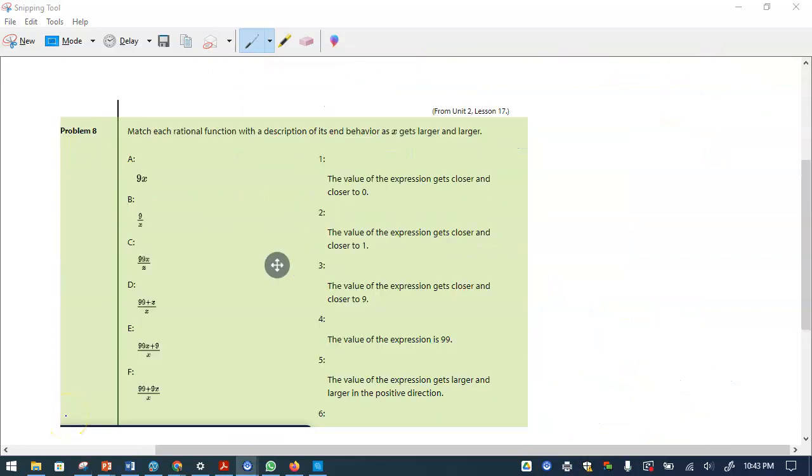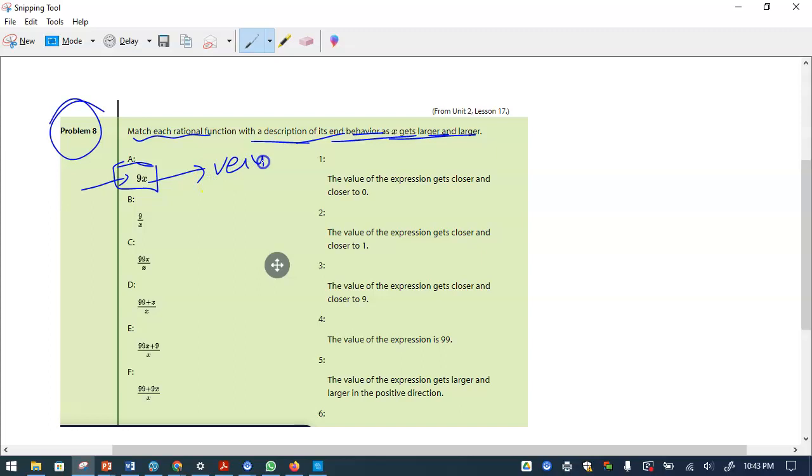And the last question, problem number 8, is you have to match with the description of its end behavior as x becomes larger. Now look at this. As x becomes large, the first one, you see this also becomes very large because there is no denominator.